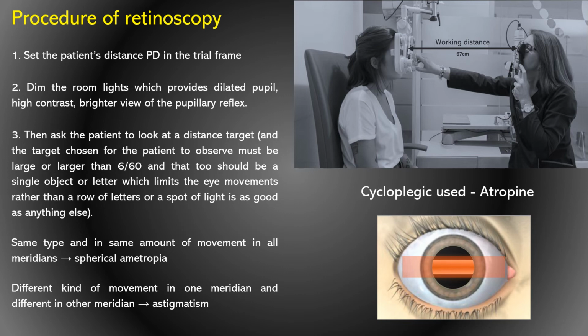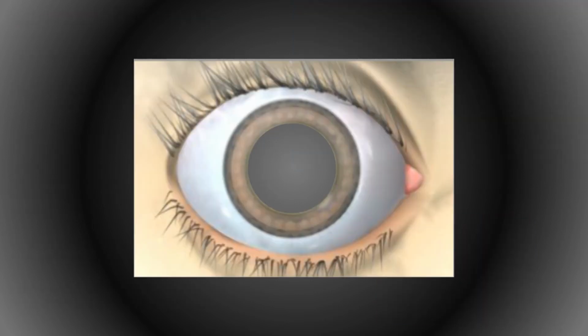Now let's understand this with an example. Start by shining a streak of light through the retinoscope into the patient's pupil. Then sweep the streak of the retinoscope in all meridians, vertically, horizontally and obliquely, and observe the characteristics of the reflex. Then choose any one meridian and neutralize that first.